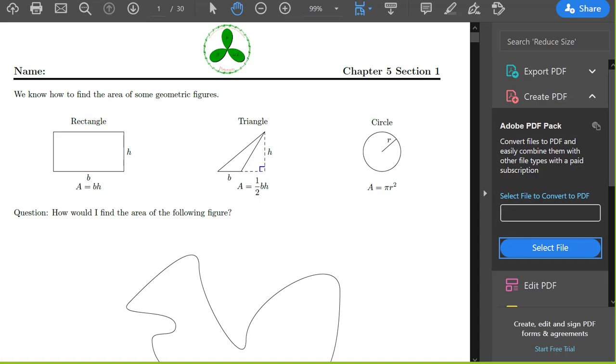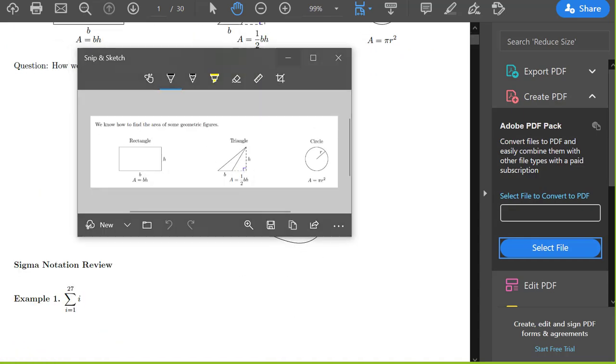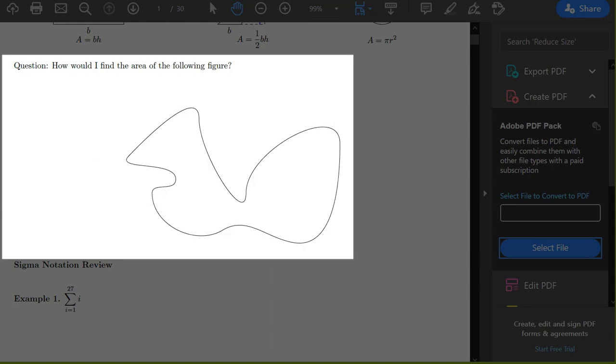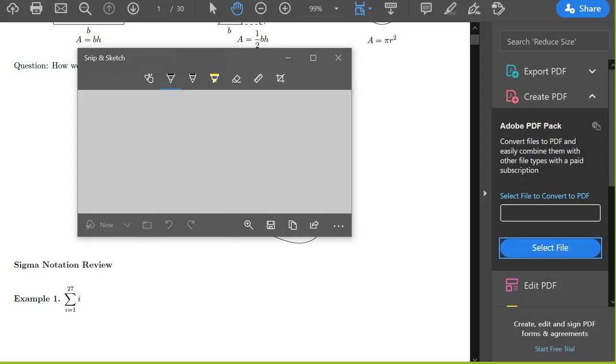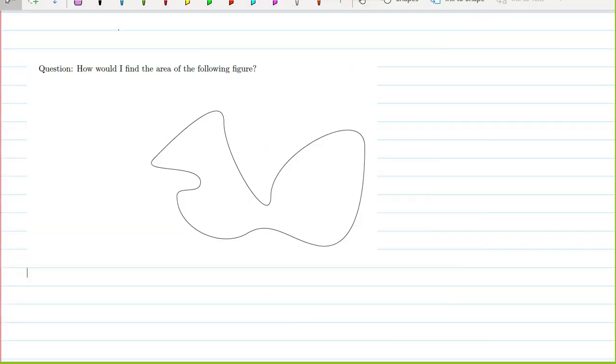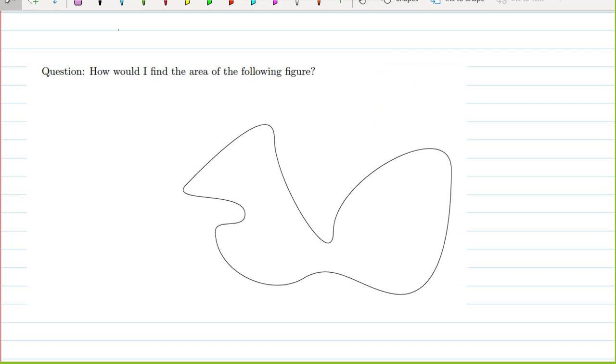So our goal, or our motivating question for all of Chapter 5, is going to be: how would I find the area of a geometric figure that looked like this?